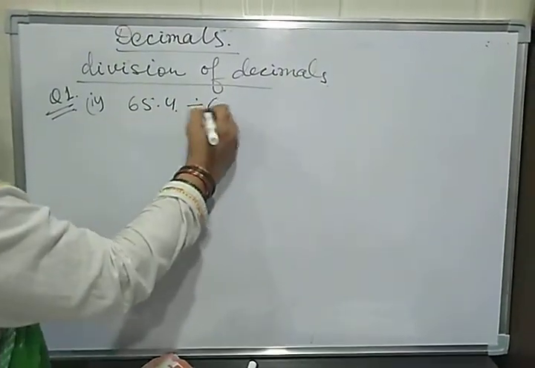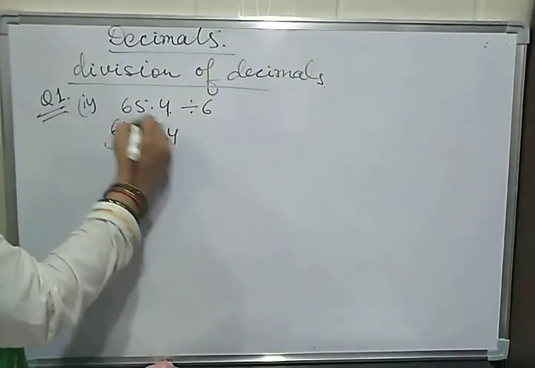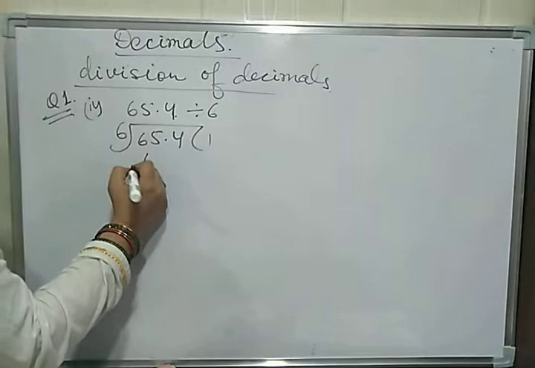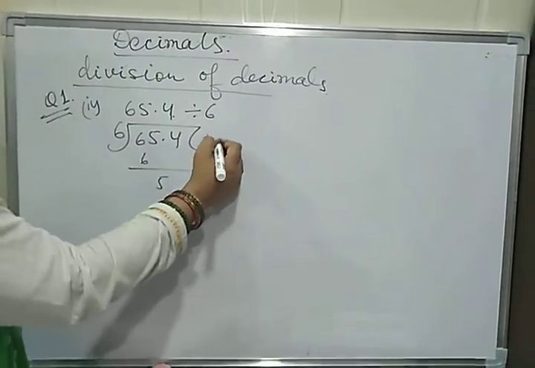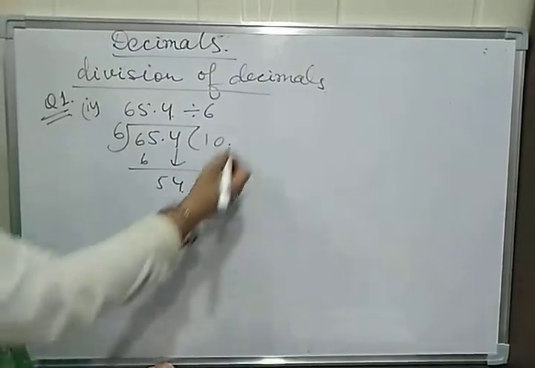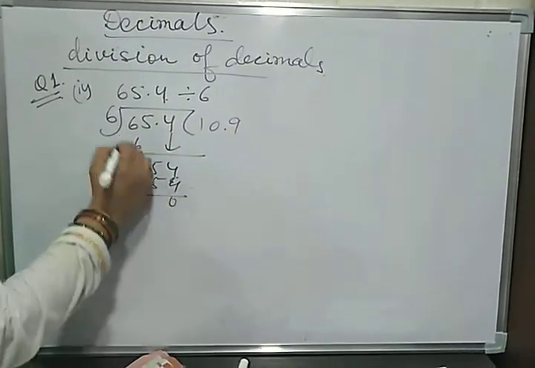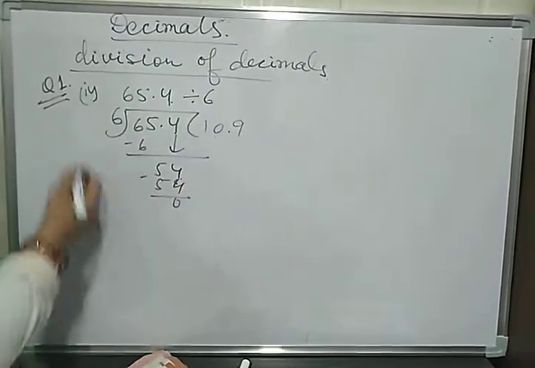65.4 divided by 6. 6 ones are 6. 0 point. Carry 4. 6 nines are 54. So the answer is 10.9.